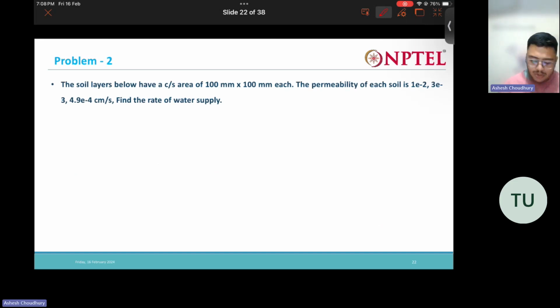The soil layers below have a cross section area of 100 mm into 100 mm each. The permeability of each soil is given. Find the rate of water supply. I will just draw the diagram. Okay, just draw the layers for you.